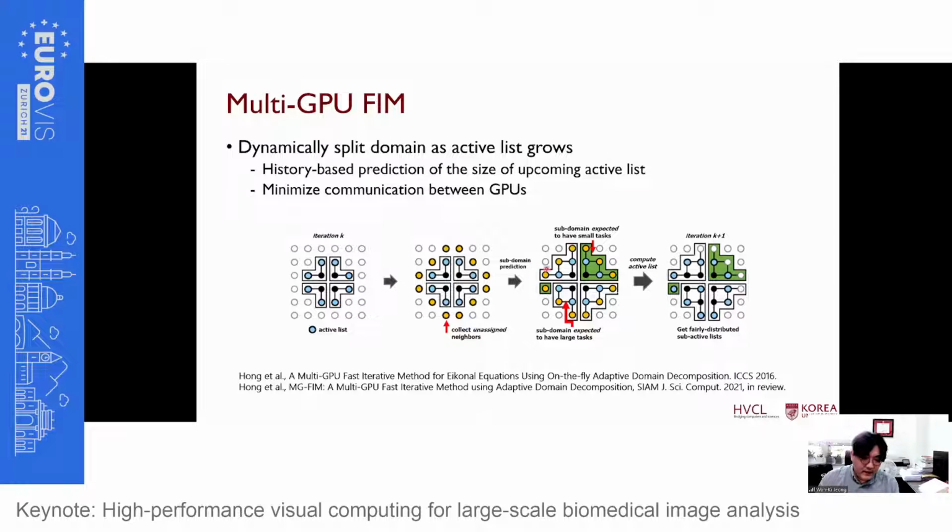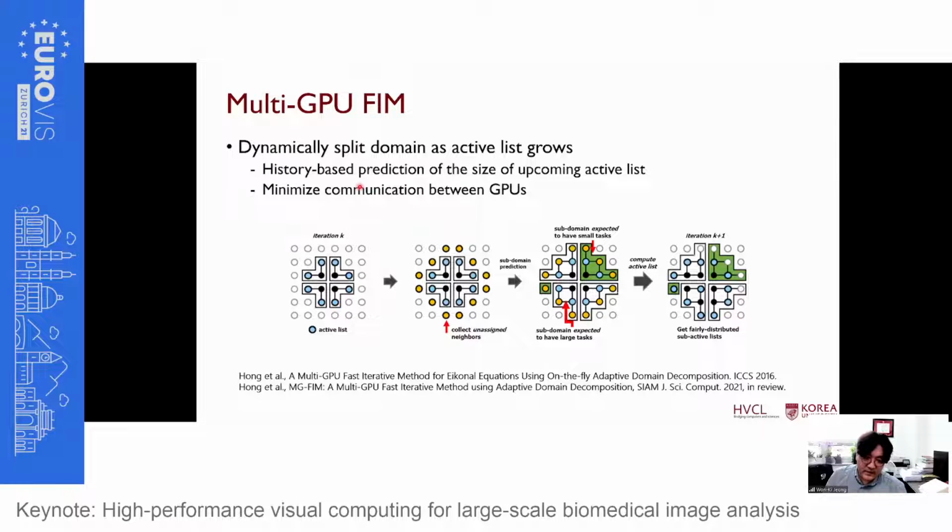Because each subdomain handles a sub-active list independently, we never know what will be the next iteration, because we cannot see the entire list. So we rely on some algorithm. For example, we use some kind of history-based prediction, so that we can estimate the size of my list in the next iteration.